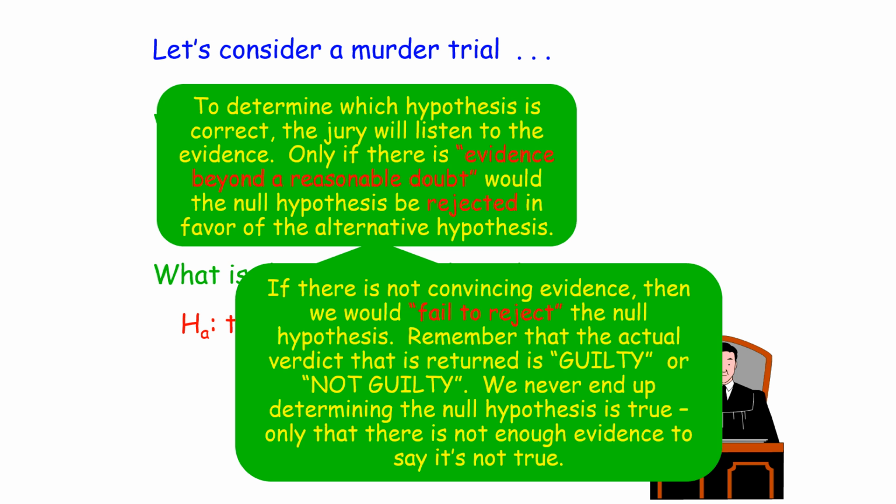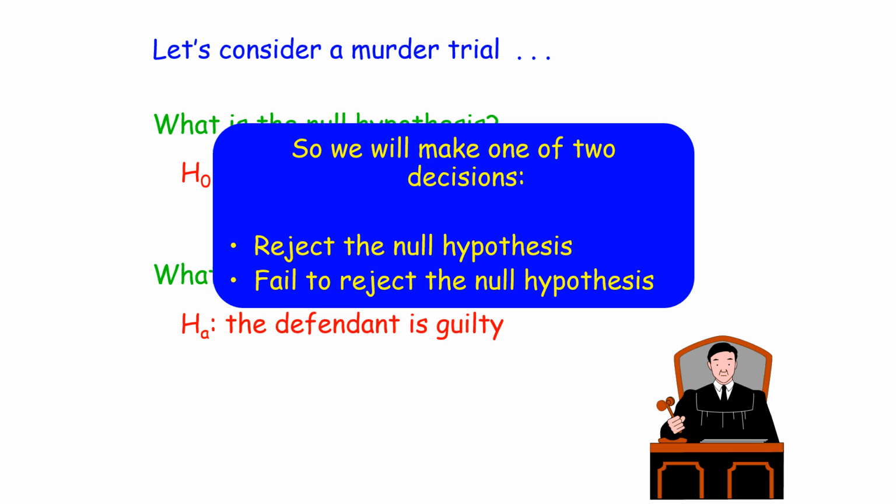Now remember that the actual verdict that is returned is either guilty or not guilty. We never end up determining the null hypothesis is true, only that there is not enough evidence to say that it's not true. So we make one of two decisions. We either reject the null hypothesis or we fail to reject the null hypothesis. So either guilty or not guilty.